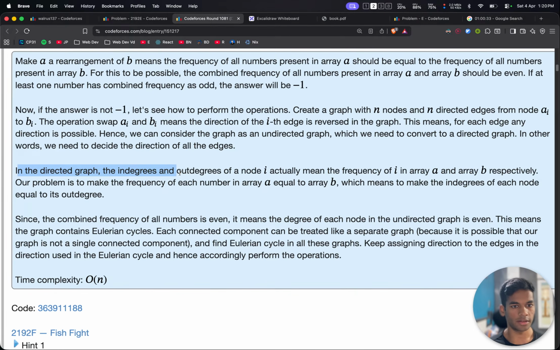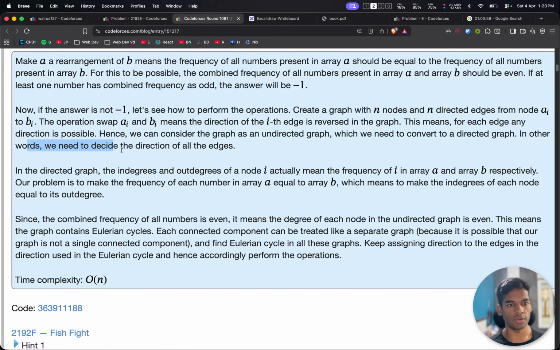In the directed graph, the in degrees and out degrees of, okay, create a graph with n nodes and directed edges. The operation swap ai and bi means changing the direction of the ith edge. Yep, this means for each edge any direction is possible. Hence we can consider the graph as an undirected graph, which we need to convert to a directed one.